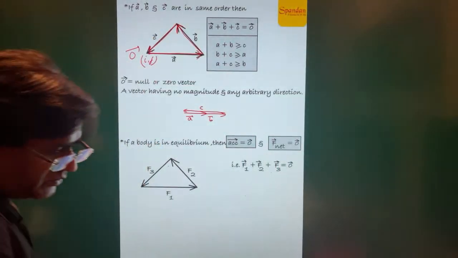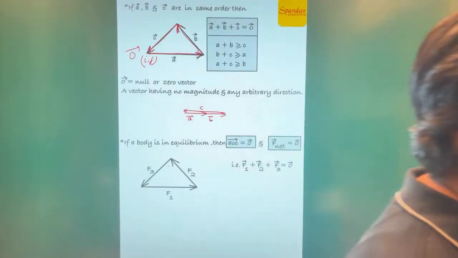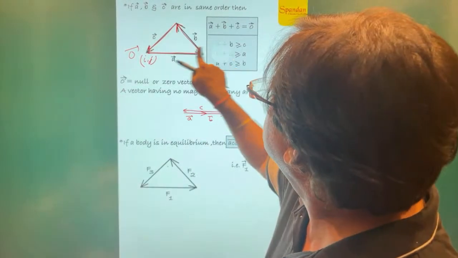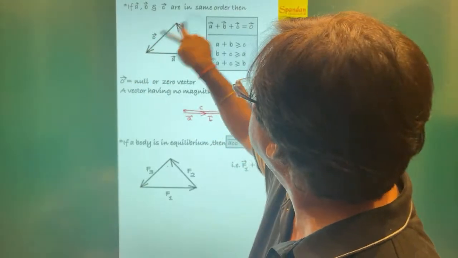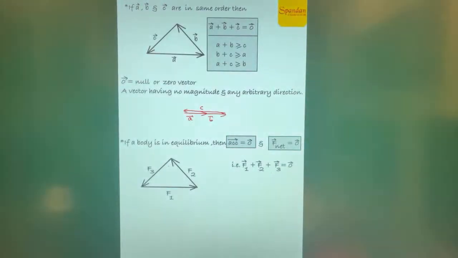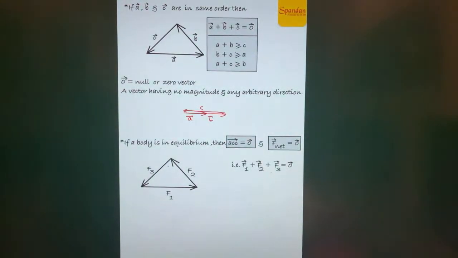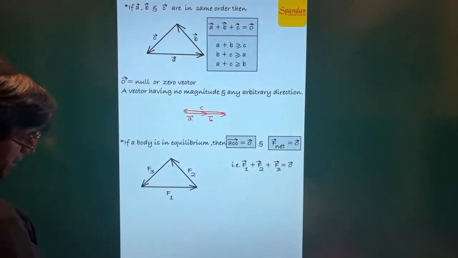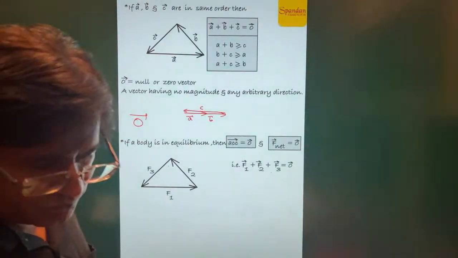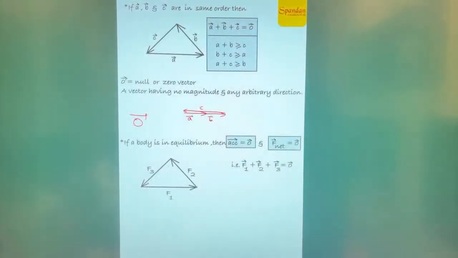And if we are dealing with, say, displacement vector, so we can say that if A, B, C are in same order, then sum of this A vector, B vector plus C vector will be 0. Now 0 is magnitude of this vector, but we represent 0 as null vector by writing an arrow over this, because we are dealing with a vector, so this is called a null vector or 0 vector.